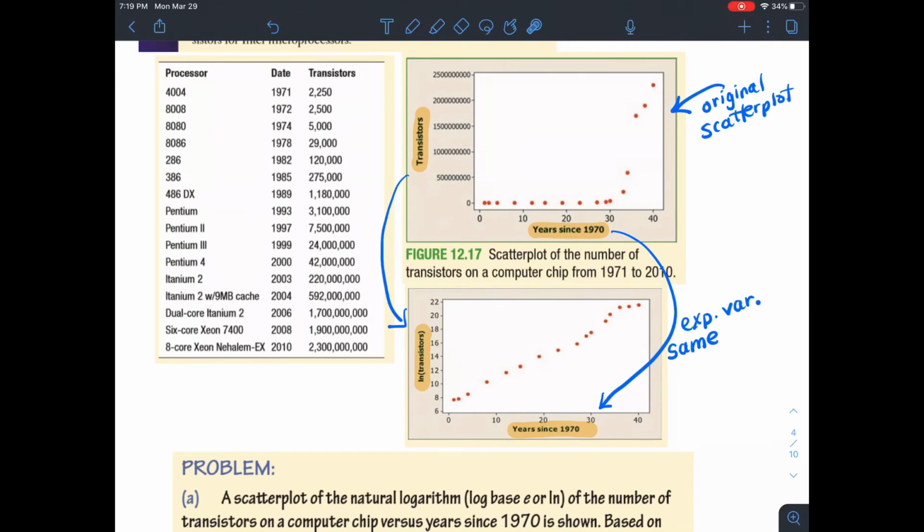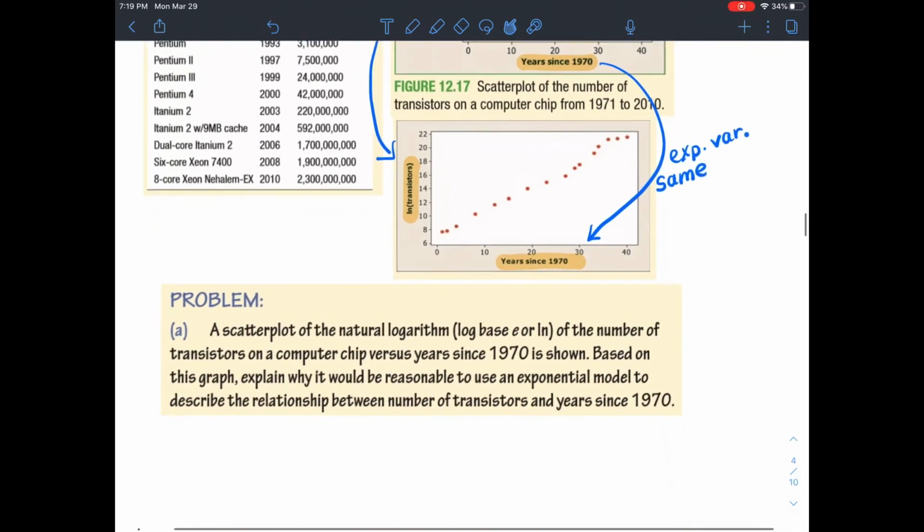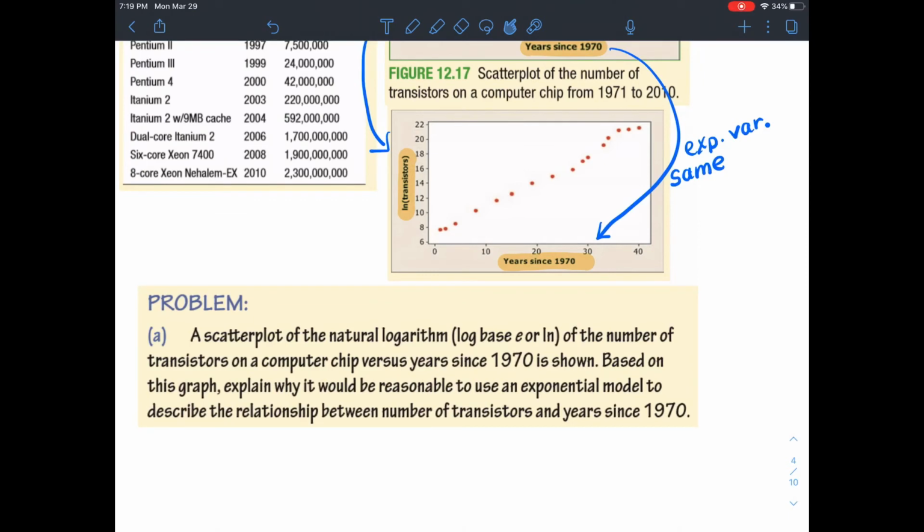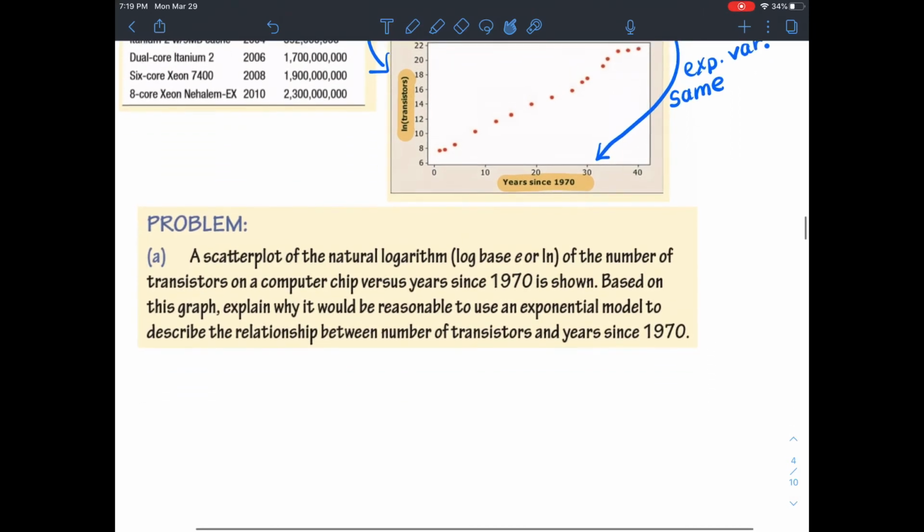So here we see in part A, it says a scatter plot of the natural logarithm of the number of transistors on a computer chip versus the years since 1970 is shown. Based on this graph, explain why it would be reasonable to use an exponential model to describe the relationship between the number of transistors and the years since 1970.